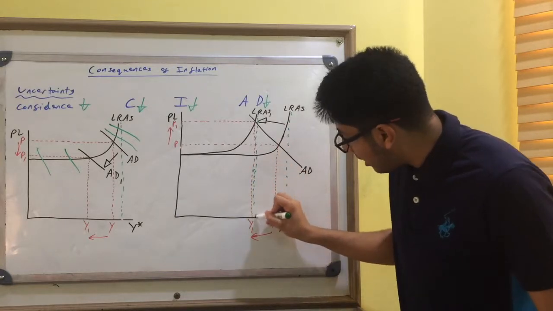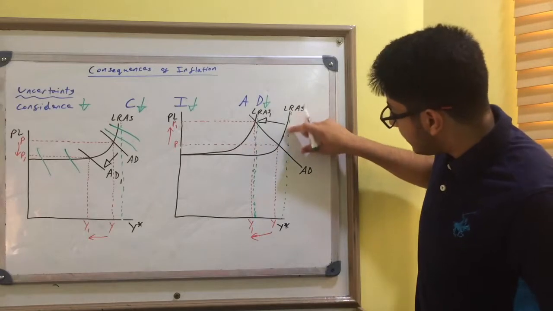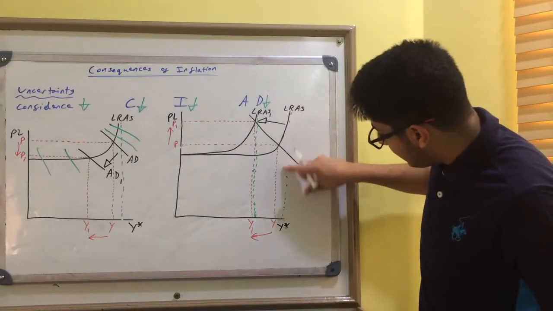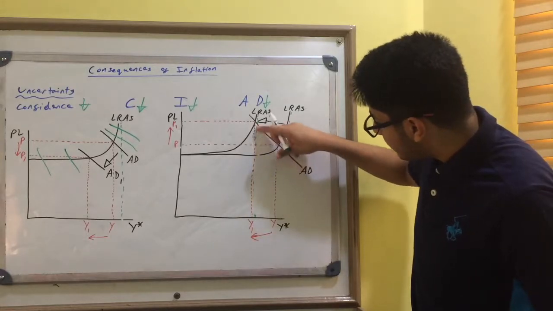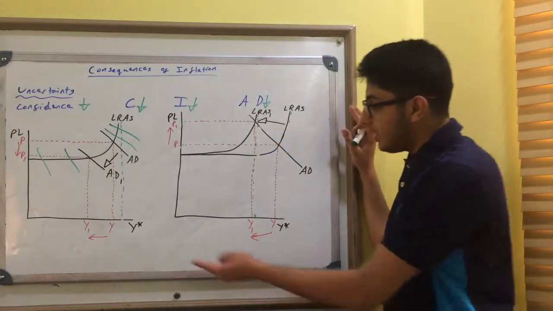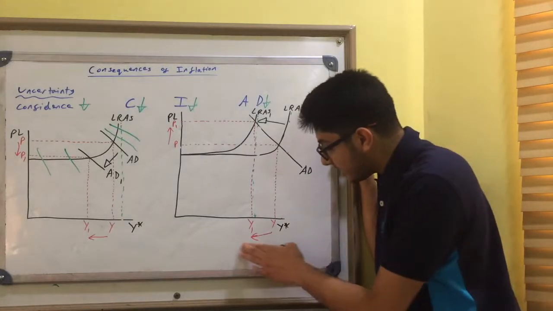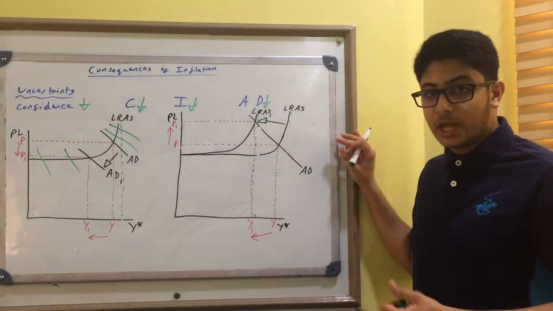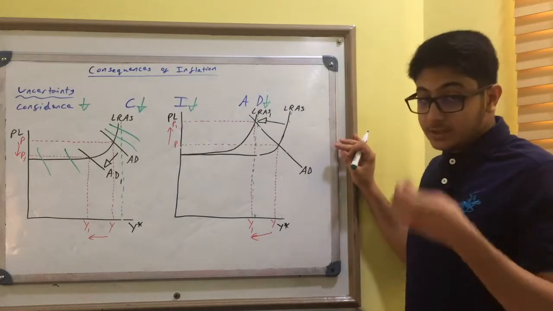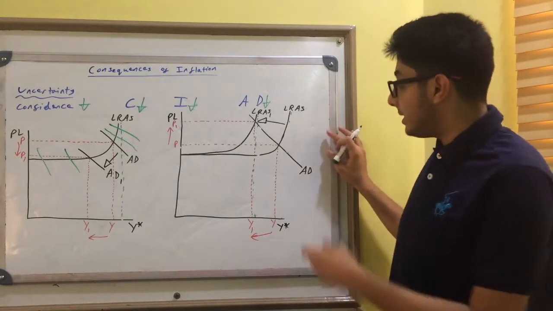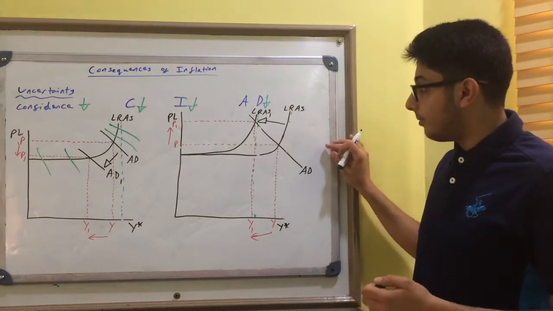Okay, so Y star decreases. Okay, let me just rub that out because I want you to focus on the red parts now. So this causes an increase in price, worsening inflation, and it decreases actual output as well as potential output. Okay, which is obviously bad. And it worsens economic growth.